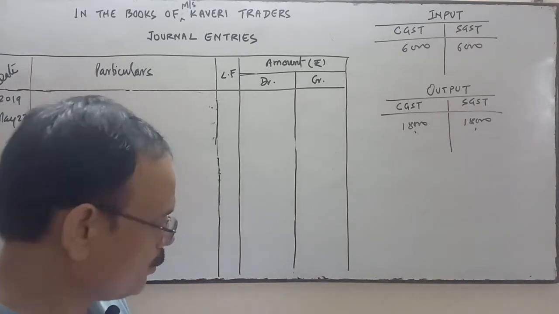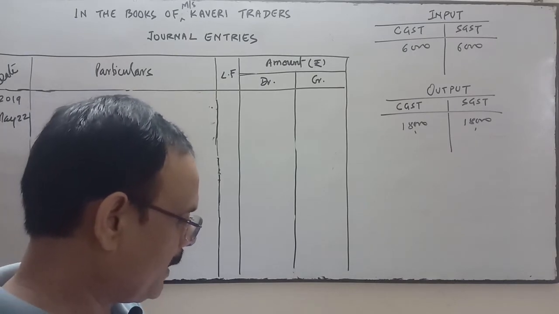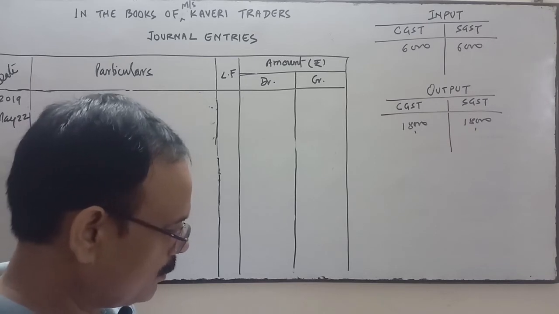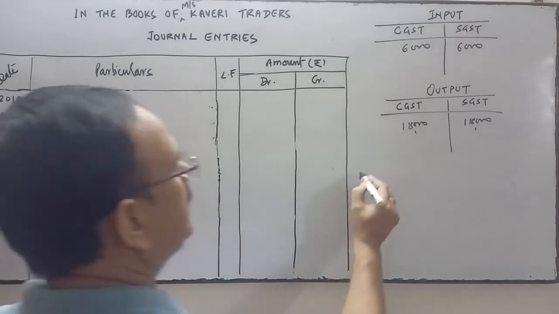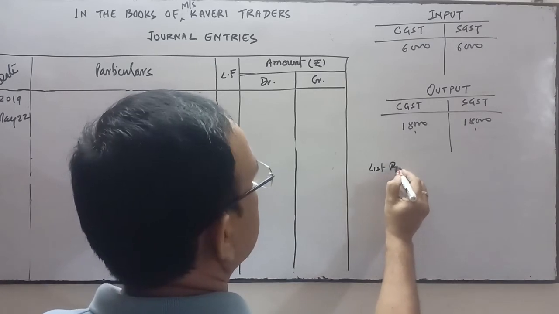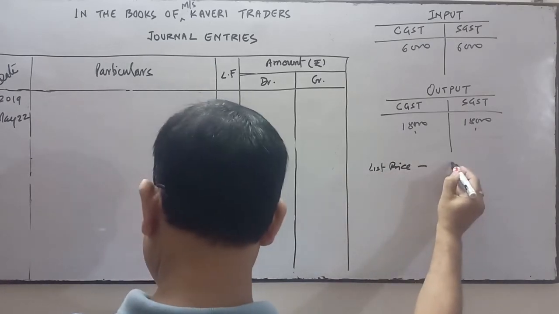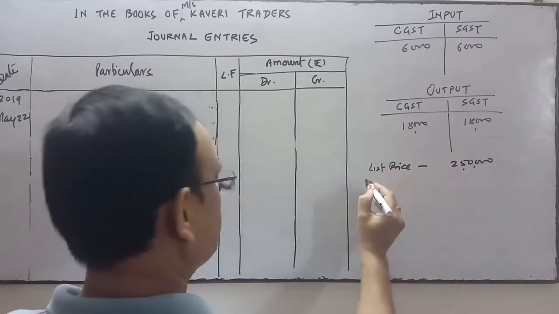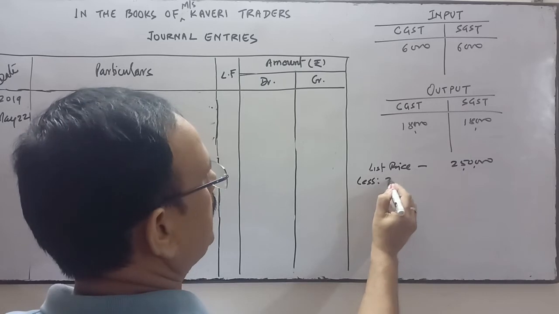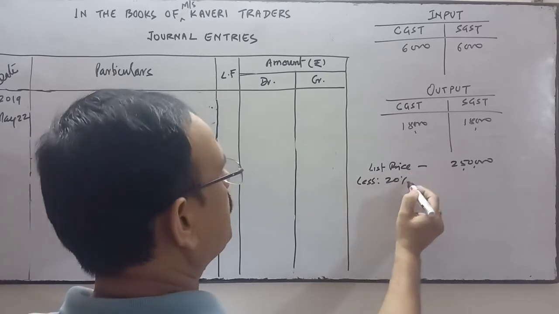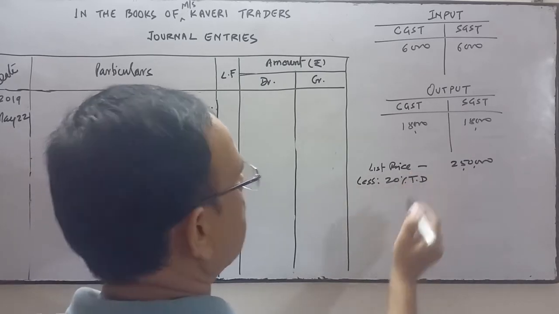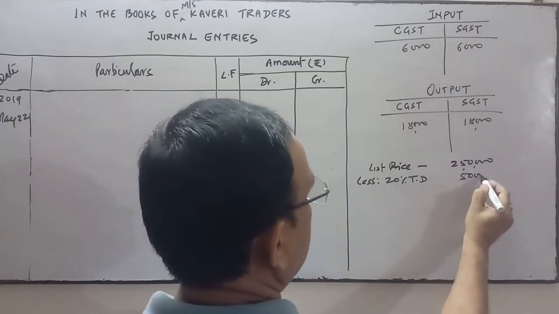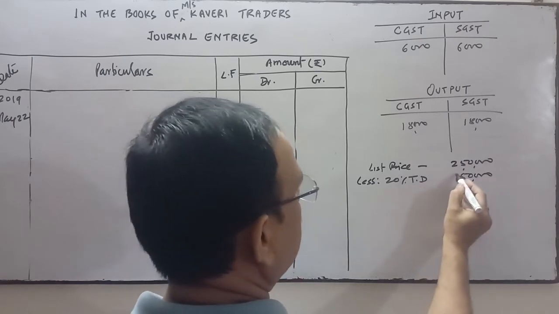On May 22, goods were sold to Bangarappa and Brothers of Mysuru, with a list price of rupees 2,50,000 at 20% trade discount. 20% trade discount is 50,000, since 20% means 1 by 5.